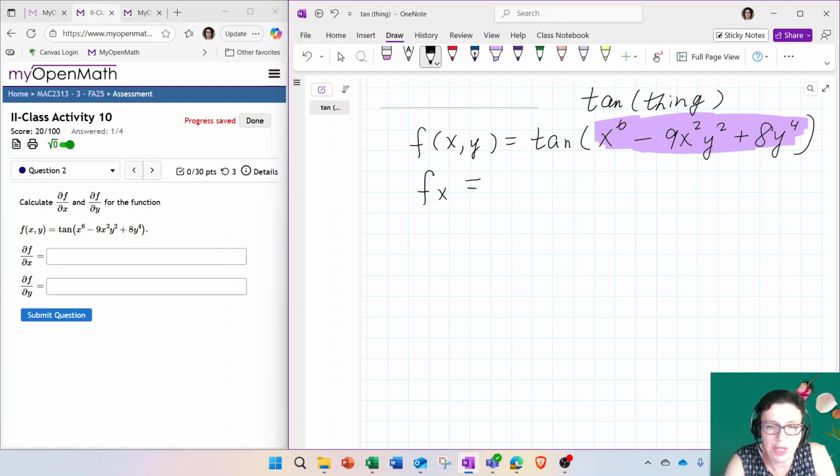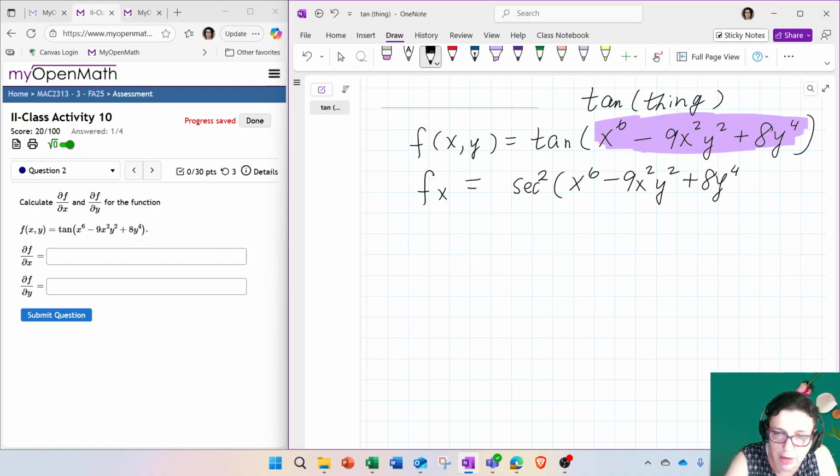Well, derivative of tangent x is secant squared x. So first I'm going to say, okay, tangent of a thing is secant squared of the same thing. So that will stay. Never change the argument.